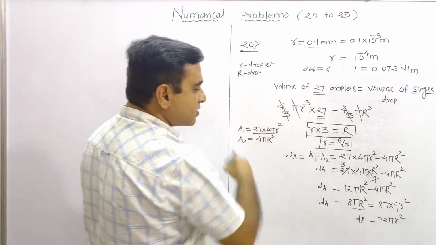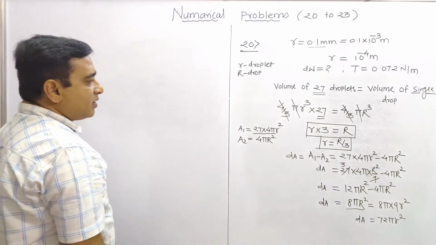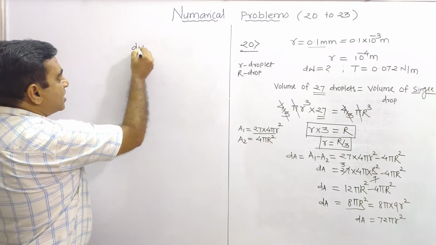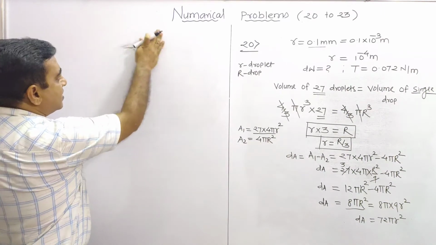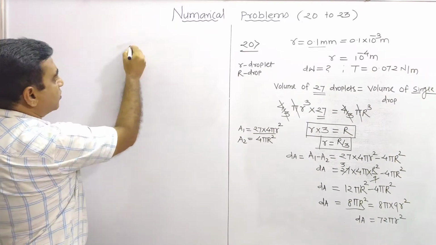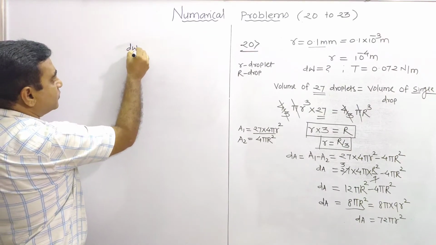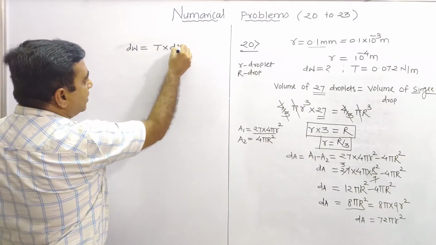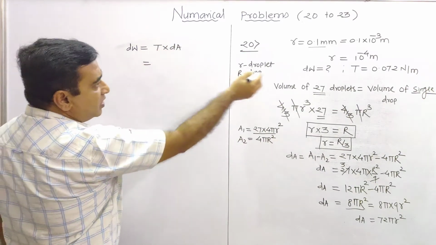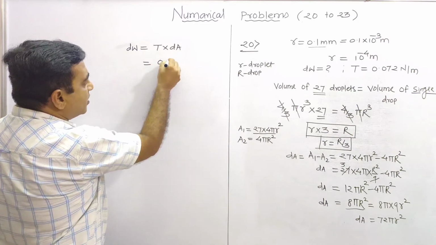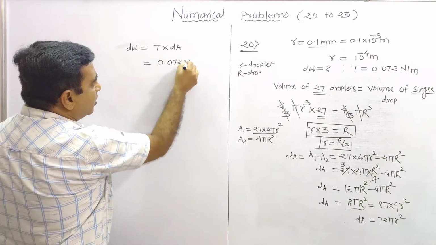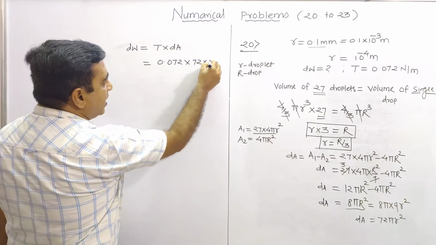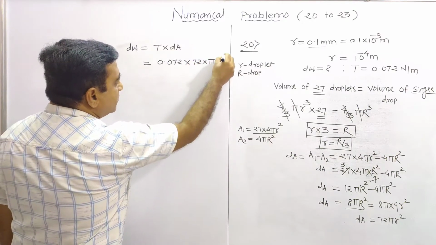Now we are going to write to this side. This is your dA. We know work is converted into energy, that's why this is known as surface energy. We need the term that dW is equal to T into dA, but we already got T, how much is it? 0.072 into dA, that is 72 into pi into r square.